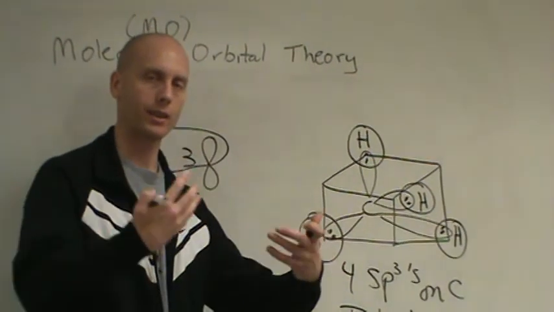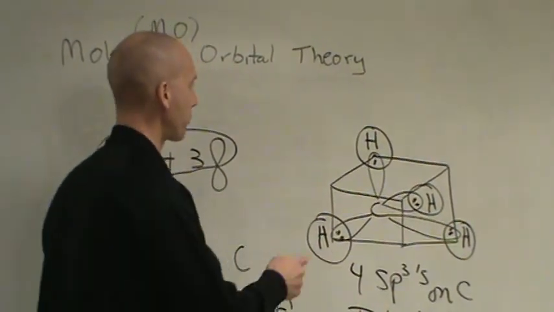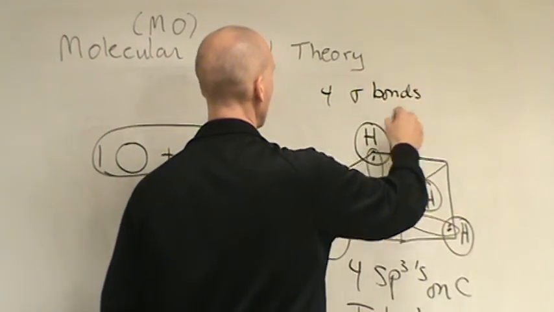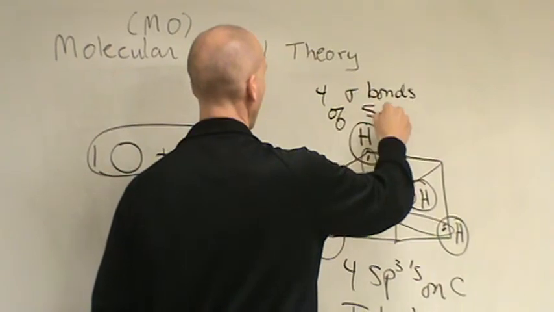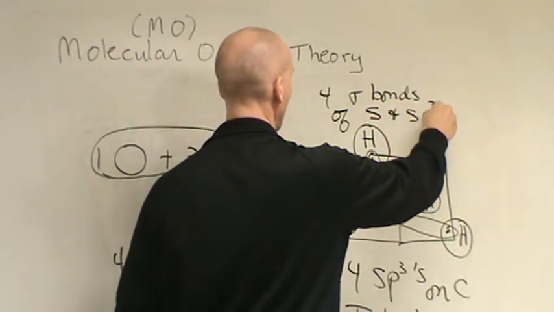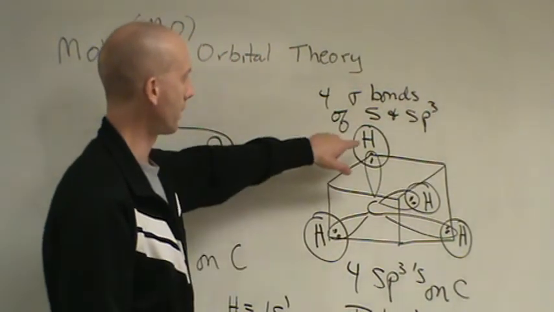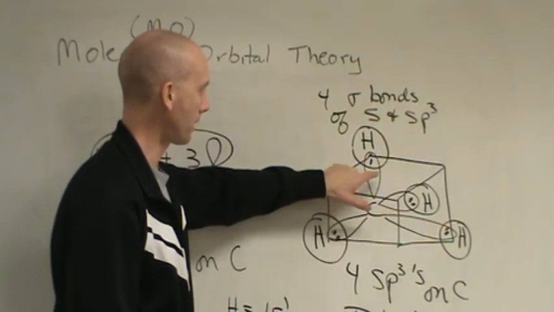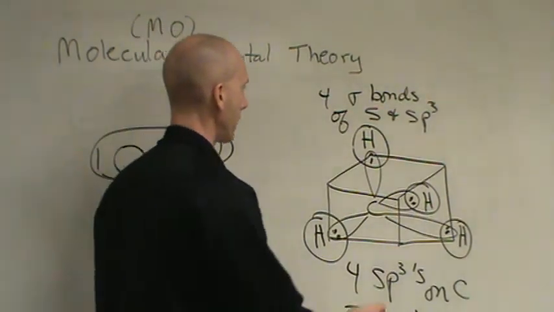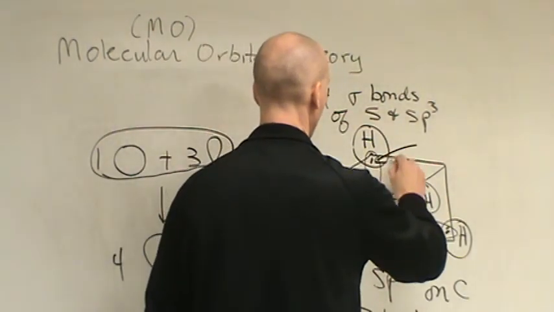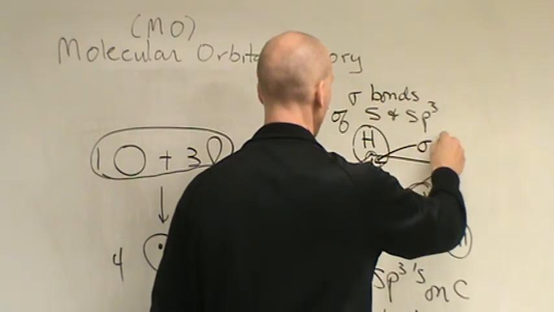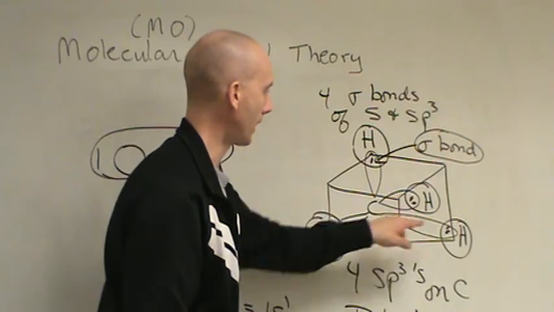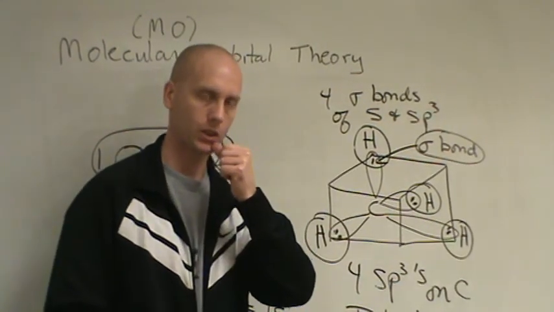So we got these head-on overlaps. So we have 4 sigma bonds of what? An s and sp3. The s coming from the hydrogen, sp3 coming from the carbon. So this overlap here is my sigma bond. And I have 4 of those.